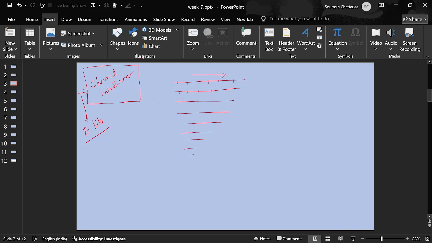So it's an isosceles triangle. Of course this length here we consider it T, and we can see each row has one bit less compared to the preceding row.